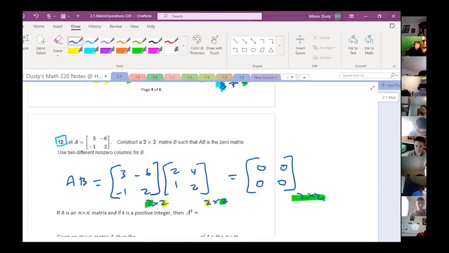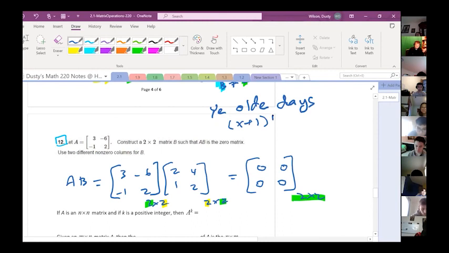So think about what we're just doing. Like in the old days of yesterday, you would have something like x plus 1 times x minus 2 equals 0. And if you had something times something equals 0, then you knew that either the first one, x plus 1, equals 0, or the second one equaled 0.